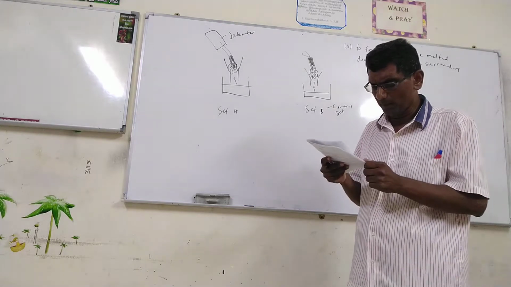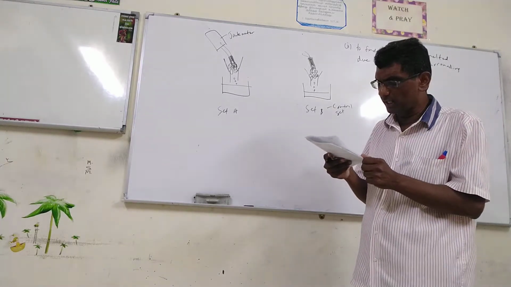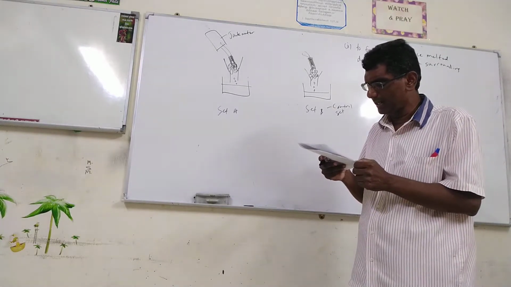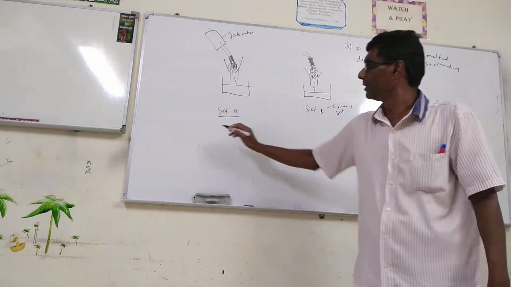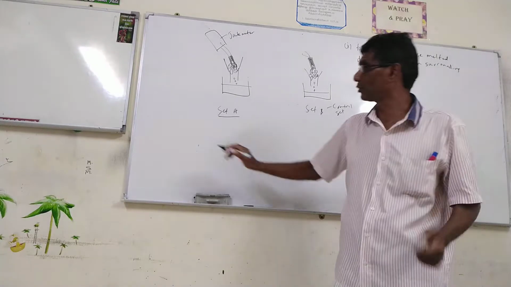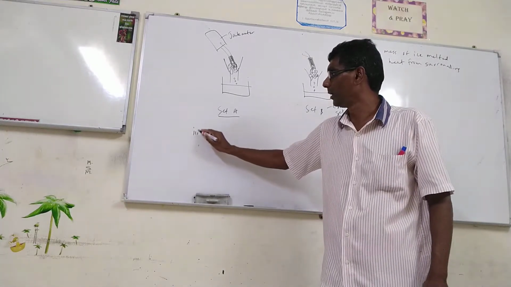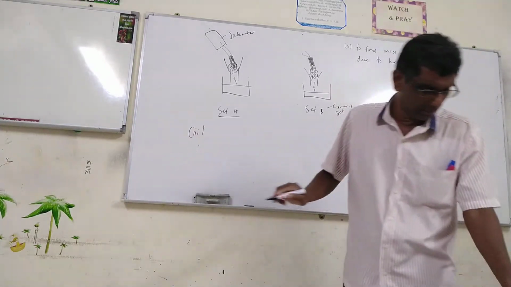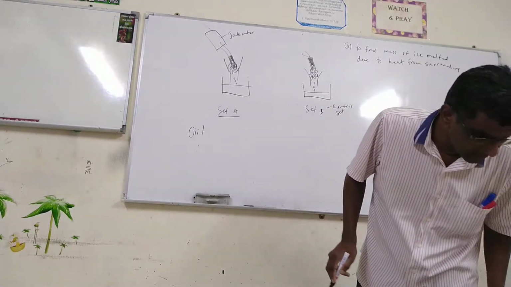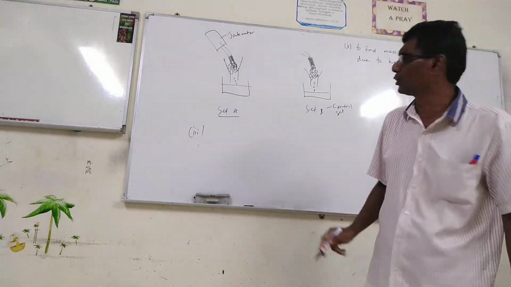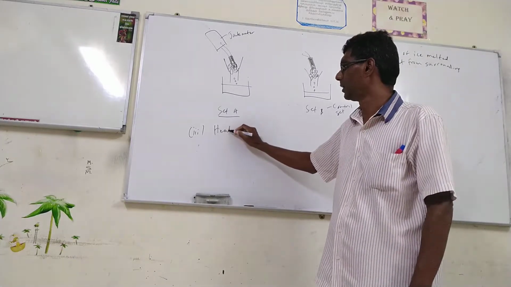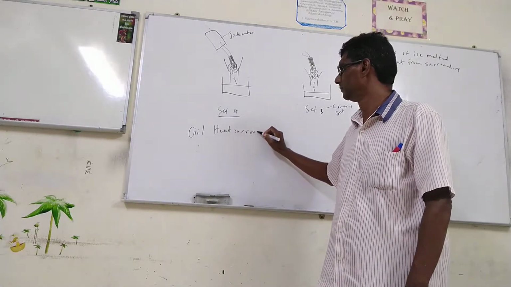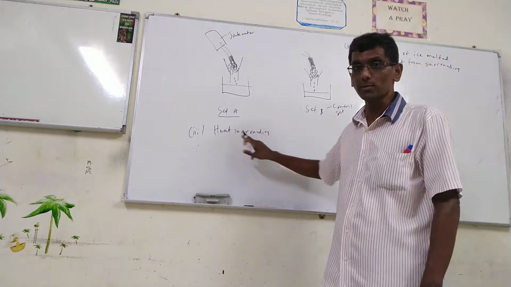Question number 3. What are the sources of the latent heat absorbed by the ice in experiment set A? In set A, what are the 2 sources? Heat from the surrounding.